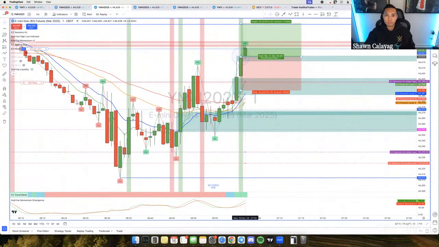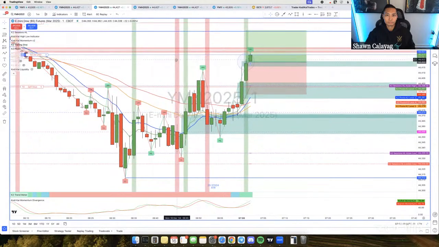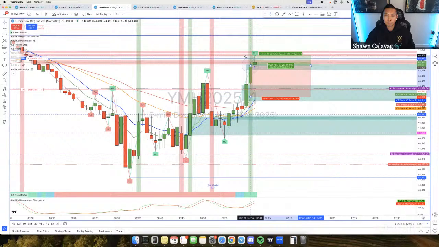So it's pushing up through those levels of liquidity that I marked up there. Again, I think the target might be a little too high, so I have this trailing at like the 10. We'll see.